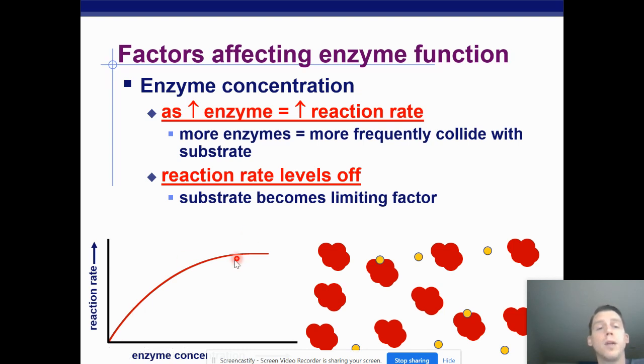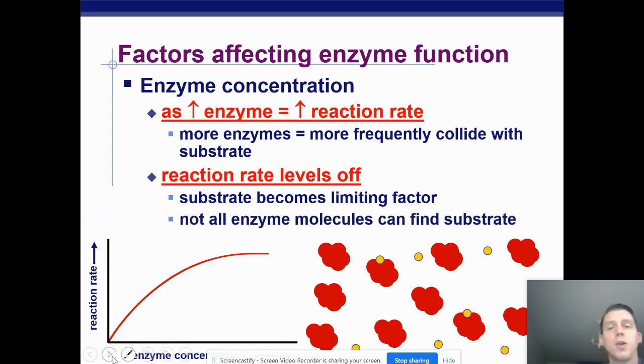So at some point, right around here, we start having too many enzymes for the amount of substrate that we have. And that's shown in the picture. There is some unbound substrate, but there's not that much. We have way more enzyme than we need, and that is why the reaction starts to level off. Not all enzyme molecules can find substrate.